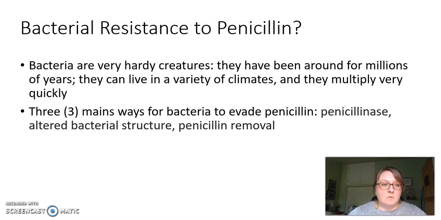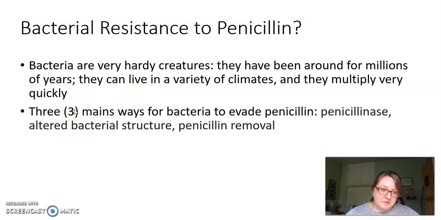So I just wanted to go back quick to where I was talking about it being hardy. This has given bacteria the ability to be very adaptable in order to survive all of those different types of extreme locations.